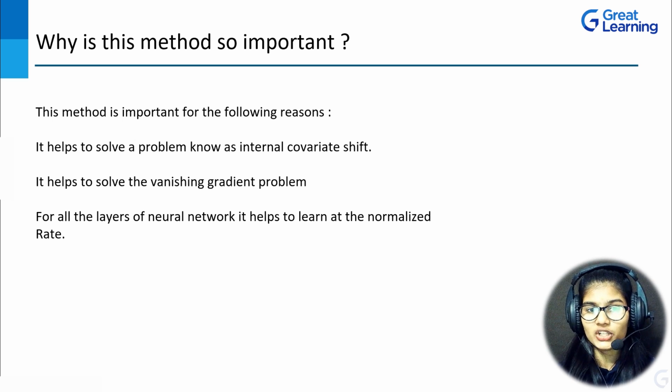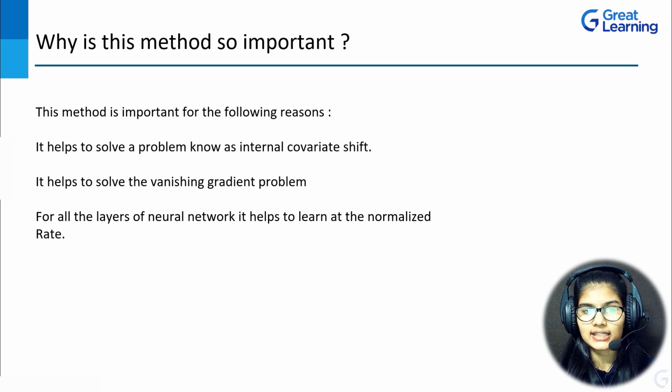I mentioned here three ways why we say this method is important. The very first reason is that it helps you to solve a problem known as internal covariate shift. Second, it helps you to solve the vanishing gradient problem.